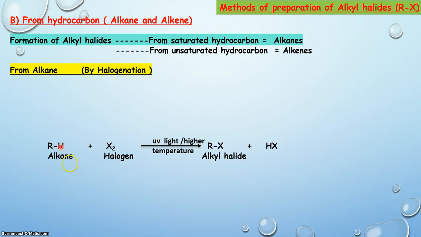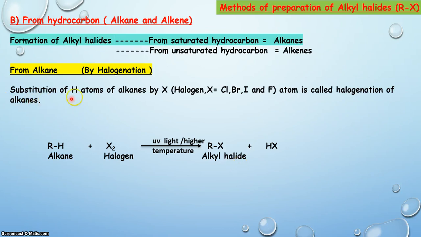In this, alkane on reaction with halogen in presence of UV light or sunlight or higher temperature results in the formation of alkyl halide. This reaction we have already done in the first lecture of this lesson. So what exactly happened over here? The hydrogen of the alkane is replaced by one halogen and that forms the alkyl halide.